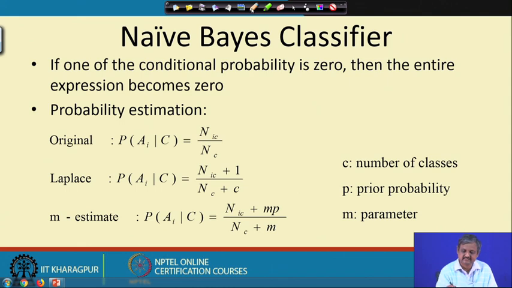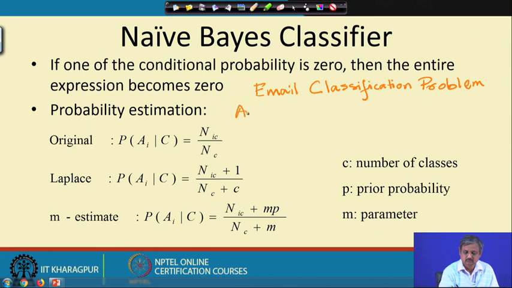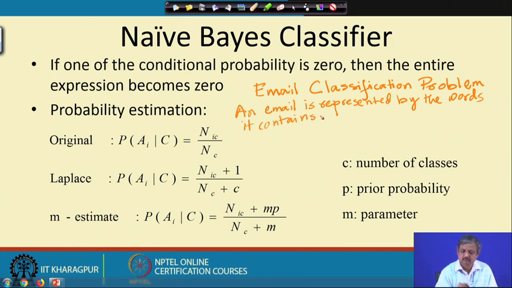So, it is like this: I have emails, and I look at the words each one contains. These are the so-called attributes.